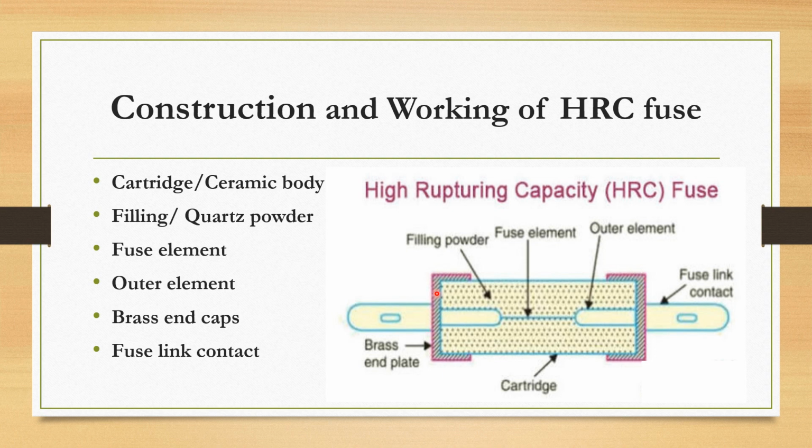So welding is there for this end cap and this fuse link contact. These contacts are bolted on the stationary contact on the panel, or there may be a special arrangement to assemble it on a bus bar. This is how it is constructed.